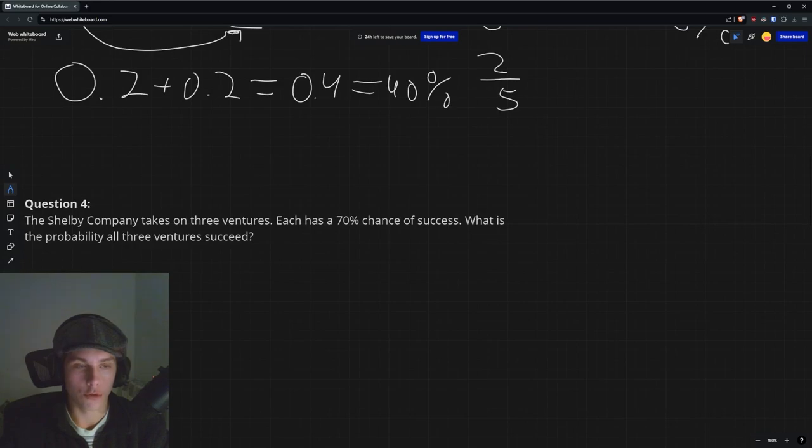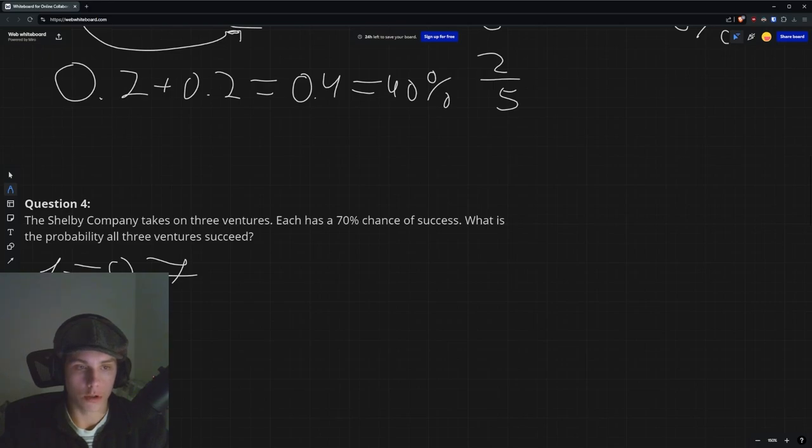Question 4. Shelby Company takes on 3 ventures. Each has a 70% chance of success. What's the probability all 3 ventures succeed? Another simple one. So 1 venture equals 70%, aka 0.7.